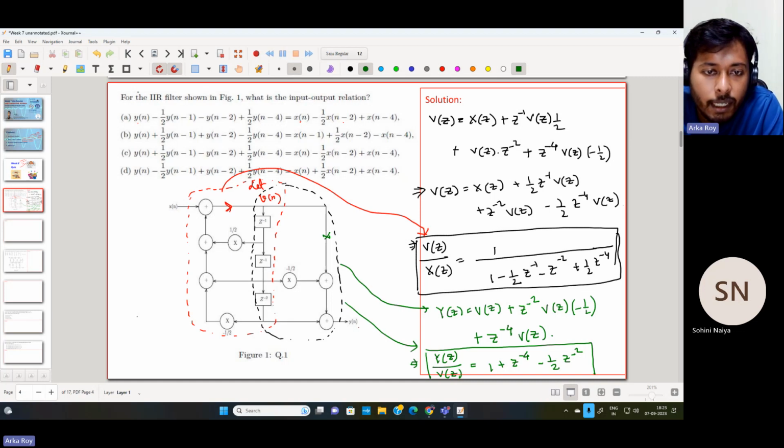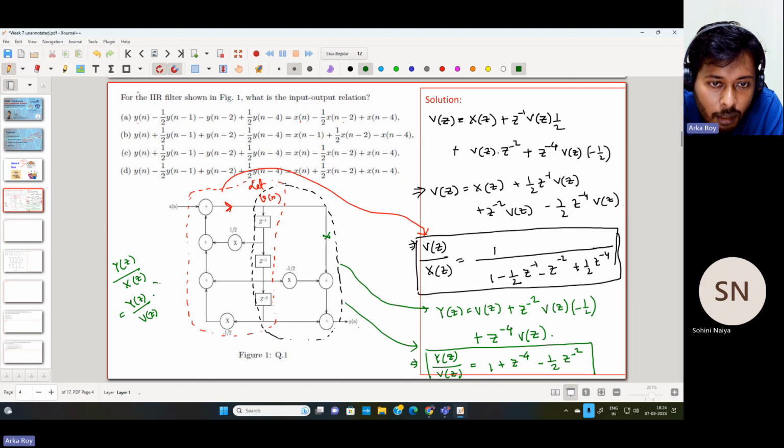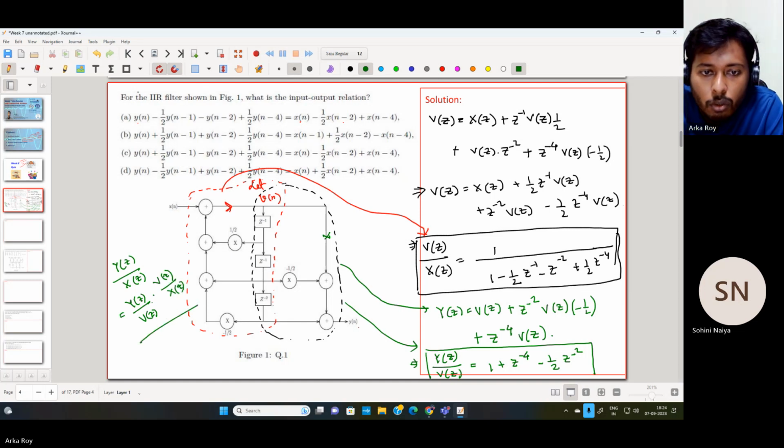So now we need to find the overall transfer function, that means Y(z) upon X(z). So I can write Y(z) by V(z) and then V(z) by X(z). So now I can see that we have the representations already worked out.